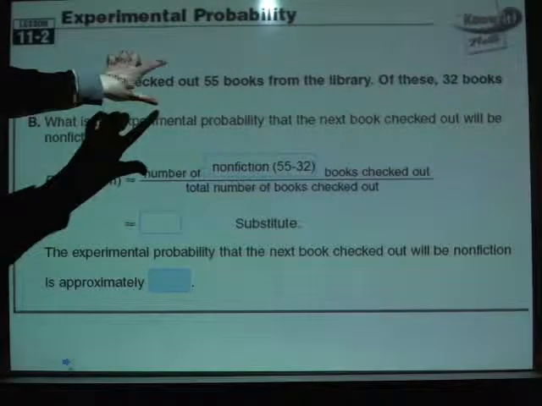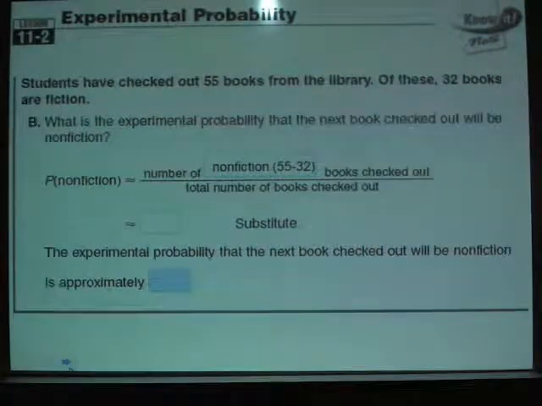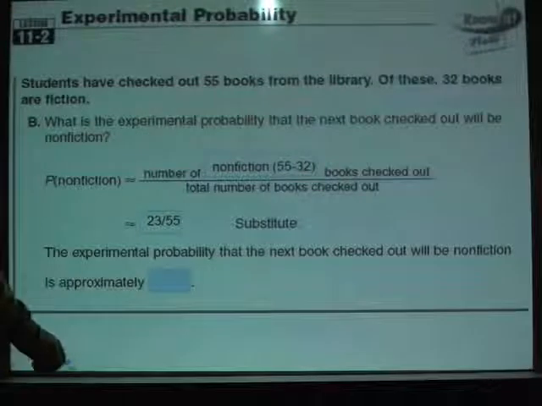How did I come up with that? 55 total books minus the 32 fiction. Again, everything else had to be a non-fiction book. And we write that fraction to compare it to the number of total books checked out, which is still 55 like it was in the Part A part. So we write our fraction there, and that's going to equal 23 over 55. So the probability that the next book checked out is nonfiction is 23 over 55.